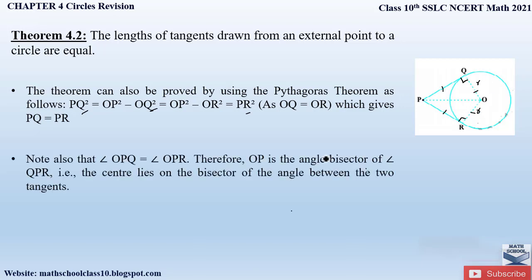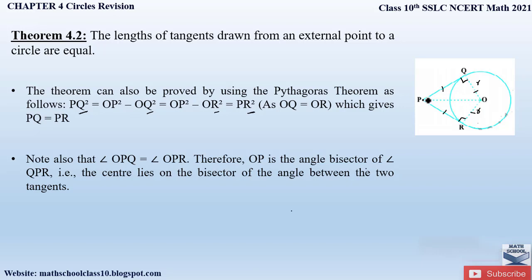A second most important point is the angle you can observe, that is OPQ and OPR are equal because OP is the bisector of QPR, that is the center lies on the bisector of the angle between the two tangents. So here OP is the bisector, right, between the angle QPR.